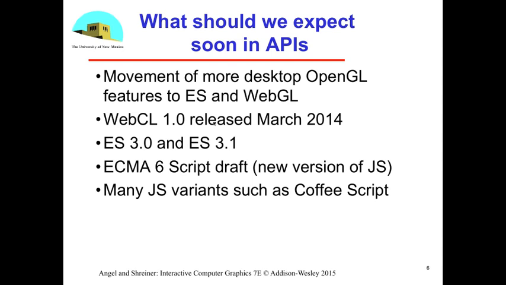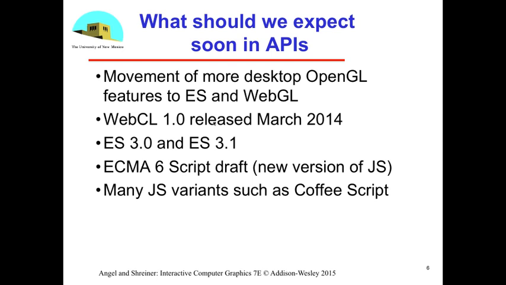One of the difficulties is that ES is supposed to run on very simple, very low power systems, embedded systems, and with WebGL, if you're running it on your desktop, you say, well, I've got a lot of power and computing capability available here. I don't have to worry about low power. So sometimes the coupling of WebGL with ES is somewhat of a problem. I have no idea whether the standards committee is going to break those apart or not, but sometimes I say, gee, I really wish we'd get this facility in WebGL, and I don't really care about ES.